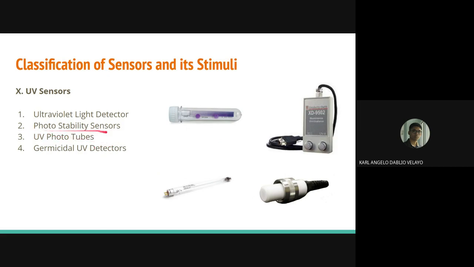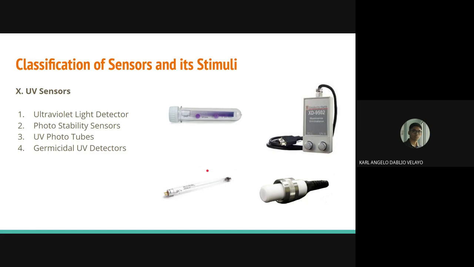Next, we have photostability sensors. This is used to measure fluorescence and intensity over time. It is commonly used in evaluating the overall photosensitivity of materials such as drugs. Next we have UV phototubes. This particular sensor is a gas-filled or vacuum tube that is sensitive to light. It operates according to the photoelectric effect.